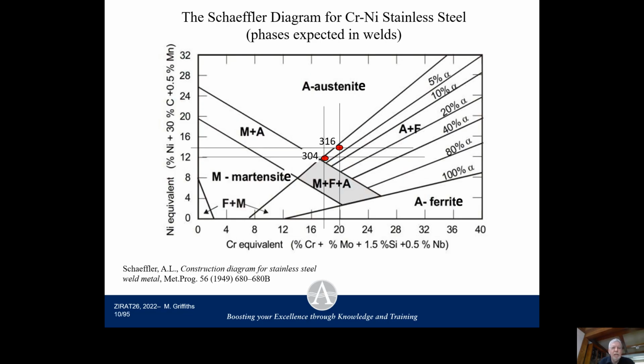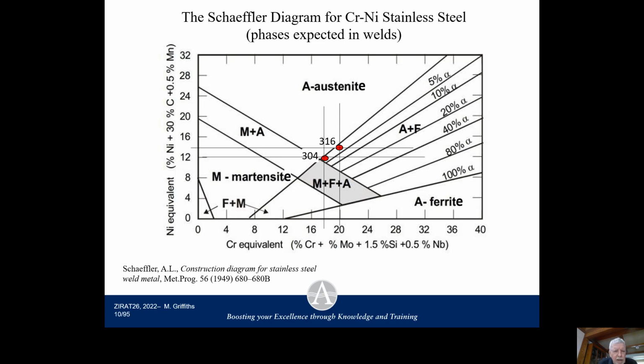Here's a thing called the Schaeffler diagram. This was first devised by a guy called Schaeffler, and it was related to welds. And when you have a liquid zone formed during welding, you're melting the material, and for various reasons, the interest is in what kind of phases you get from the cooling of the liquid zone.